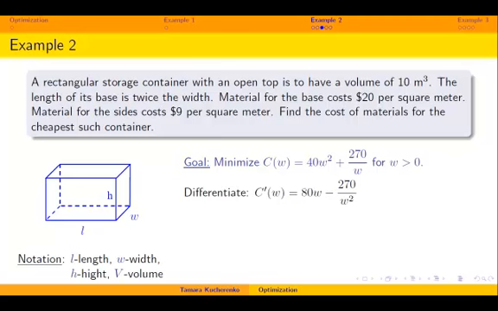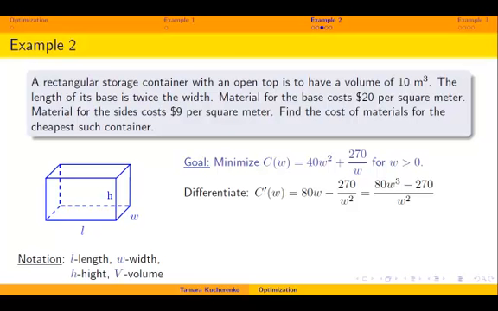The derivative C prime of W equals 80W minus 270 divided by W squared, which after getting a common denominator equals 80W cubed minus 270 divided by W squared.